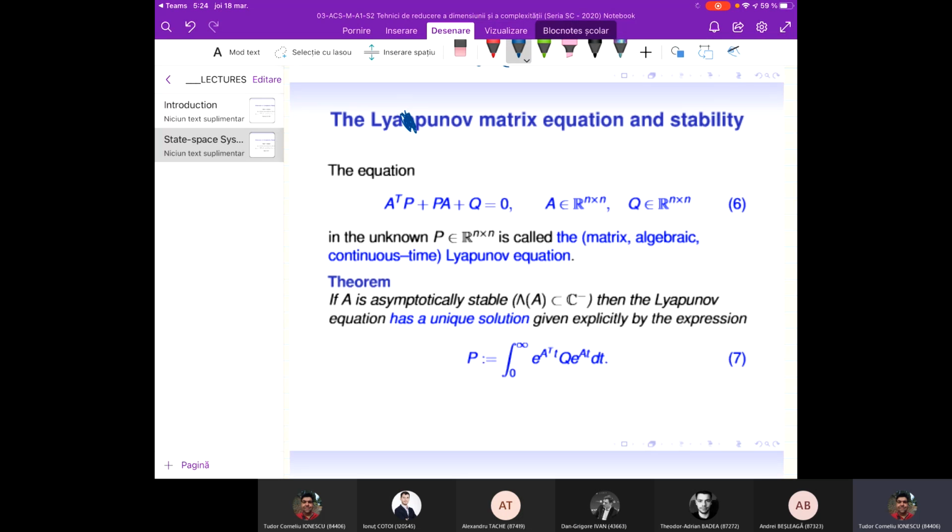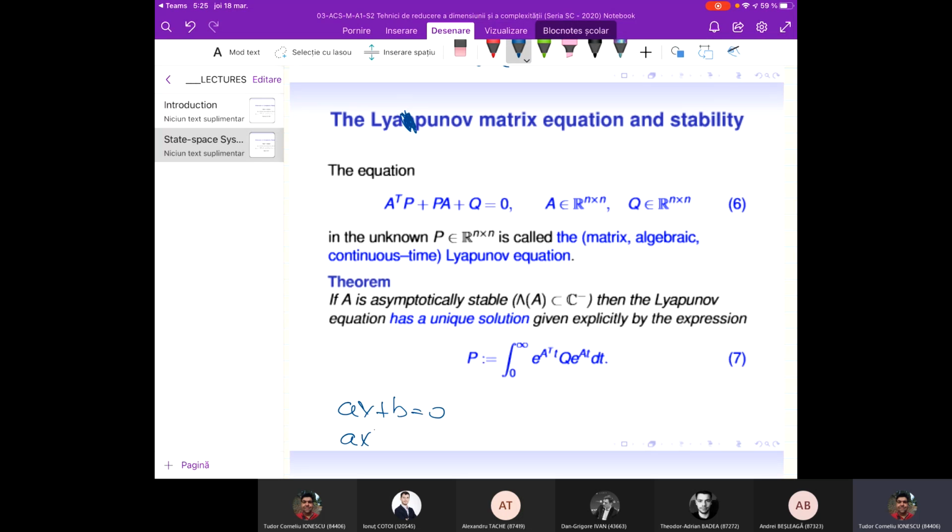Let me make a short introduction to you. An algebraic equation is a scalar thing, a polynomial equation: ax plus b equal to 0. We understand this.